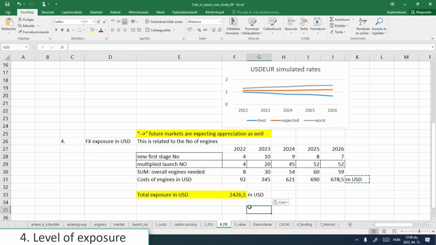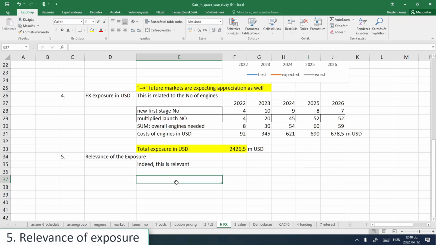We could still calculate the ratio of this money to EBITDA or something like this, but we cannot say that 2.5 billion US dollar is not relevant. I think it's obvious that we don't need further calculations to say that we have to deal with this.